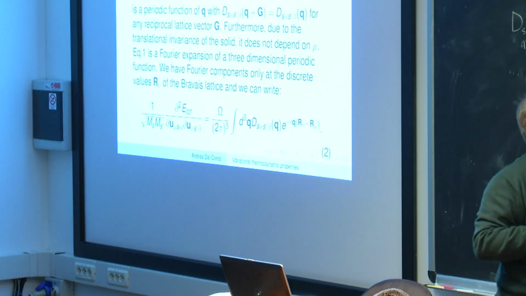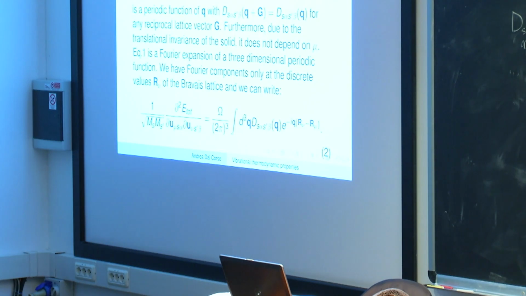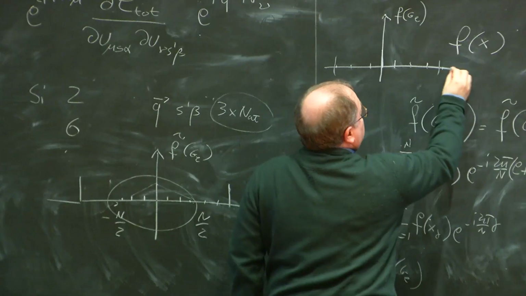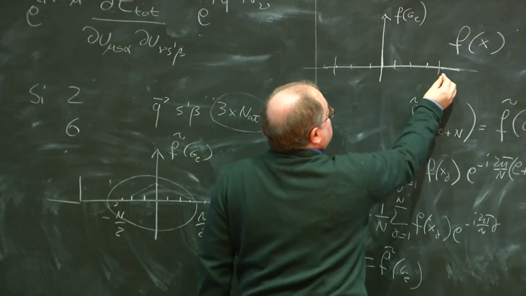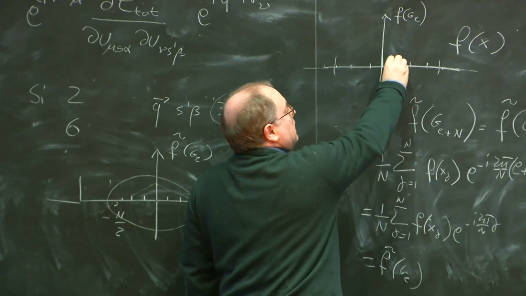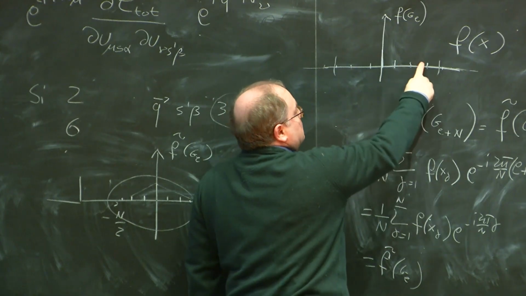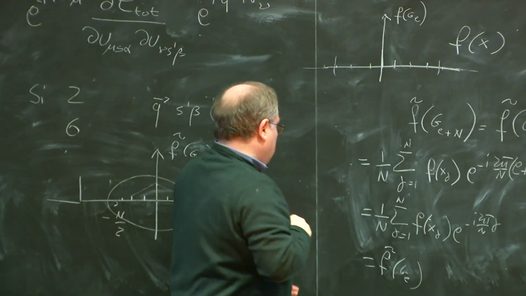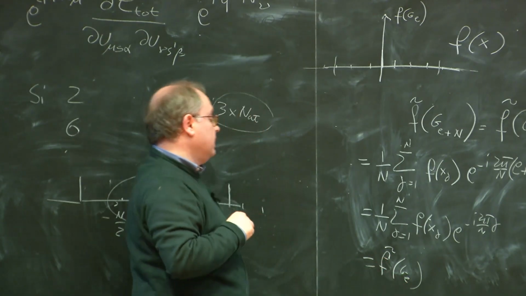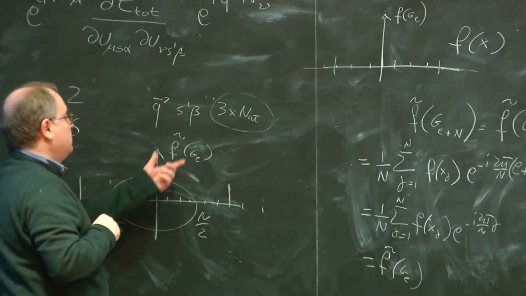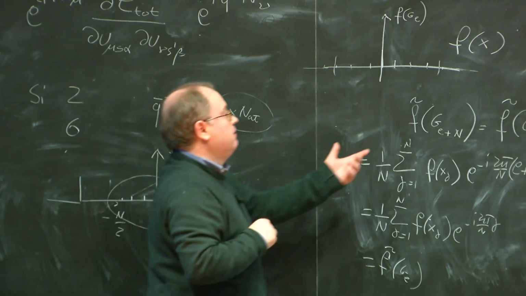Some of the components of the real Fourier transform, if they are different from 0 outside of this interval, you find them inside here, and so the approximated Fourier transform is not a good representation of the real Fourier transform.